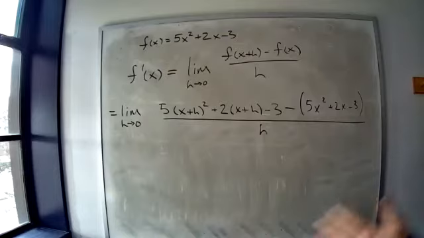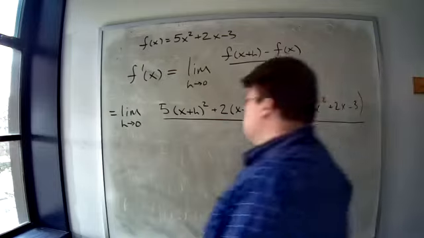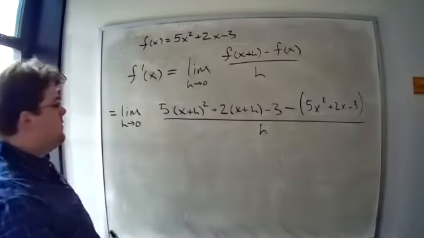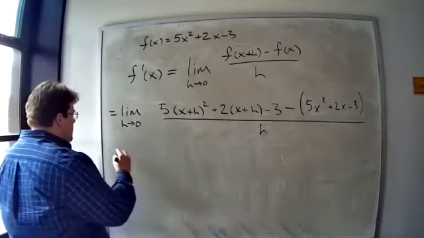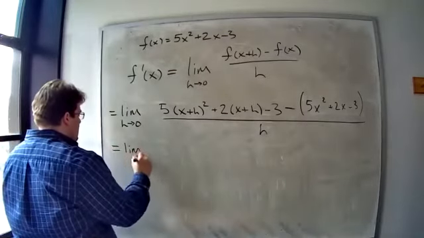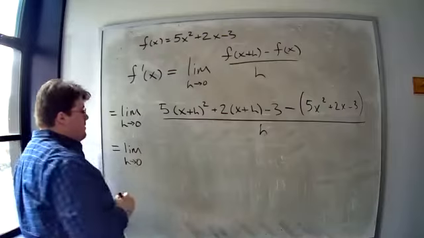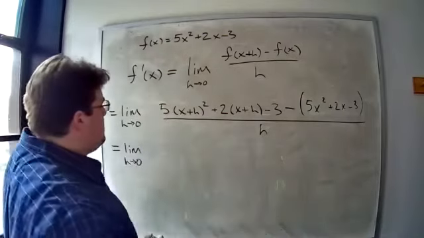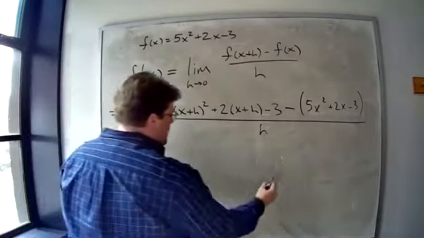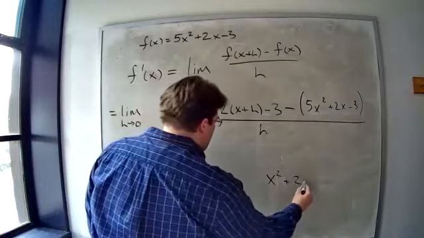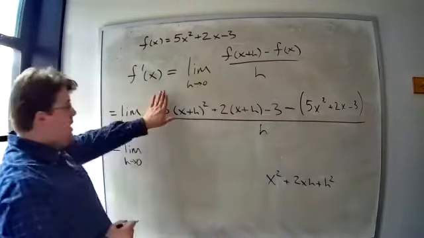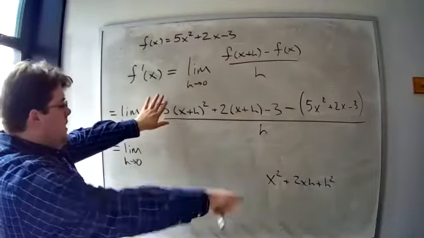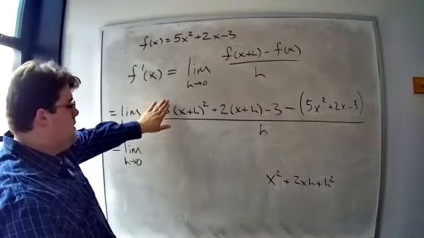Okay, now we need to take the limit. But notice if you let h equal 0, you get a 0 over 0. And when that happens, we need to do some algebra. What algebra can we do? Well, there's a good amount of algebra we can do. We can deal with this x plus h squared. X plus h squared, side work. X plus h squared is x squared plus 2xh plus h squared.